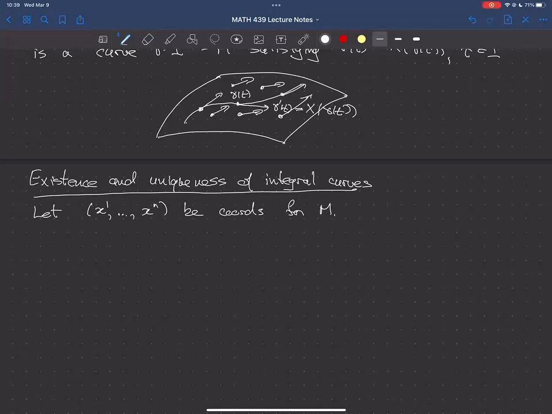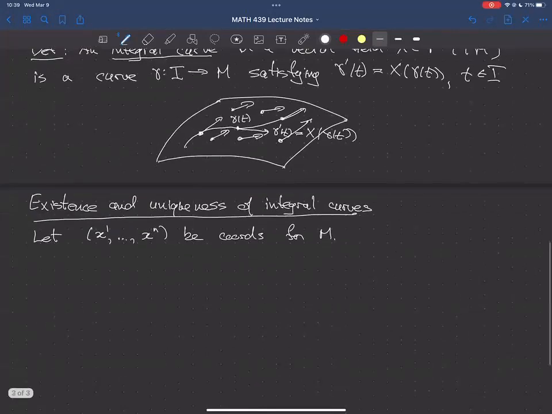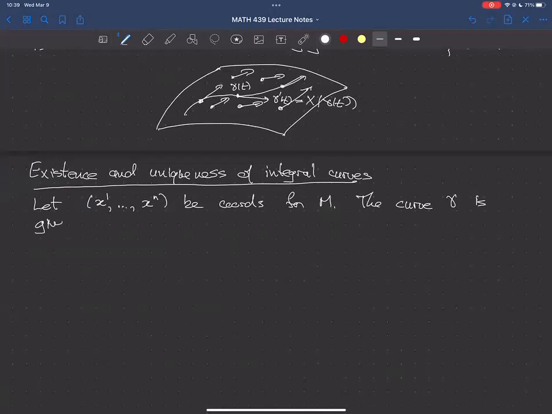Now let's write down the defining condition for an integral curve in coordinates. The curve gamma is given in coordinates by t goes to (x1(t), ..., xn(t)).